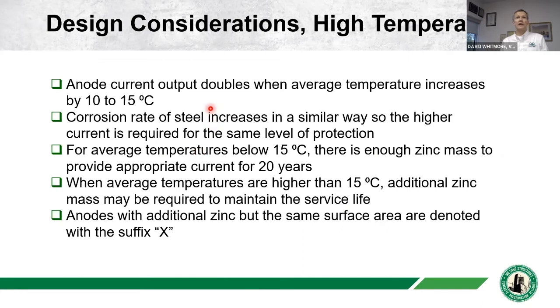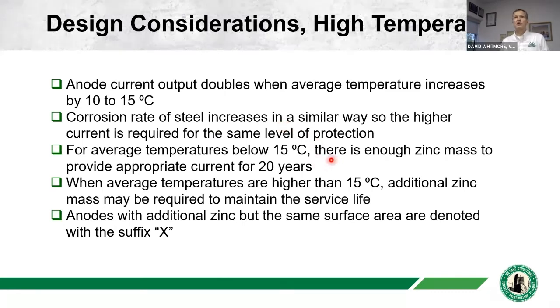So I just said anode current doubles when the temperature increases. Corrosion rate of the steel also increases by about the same factor. So basically you need more current to protect the steel when the temperature gets hotter anyway. So it's not wasted, but it is going to use up zinc more quickly.